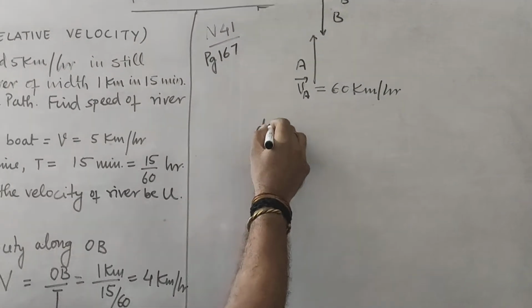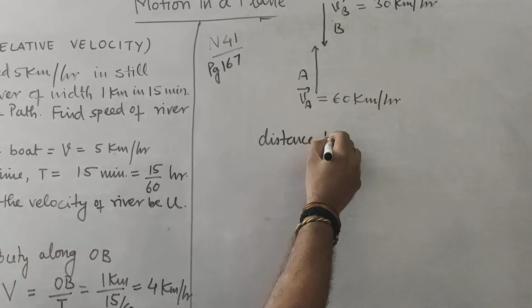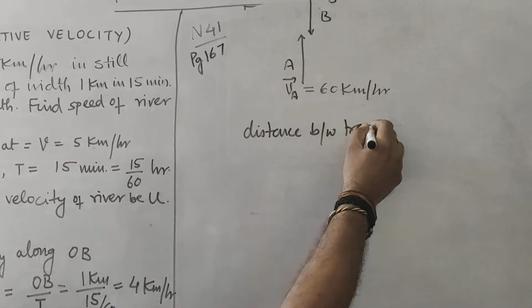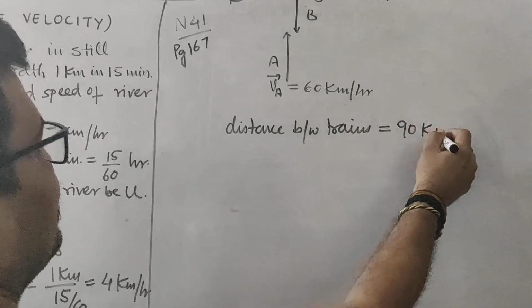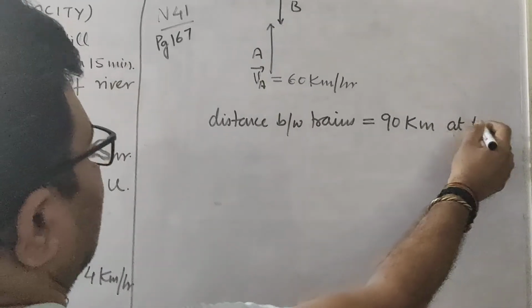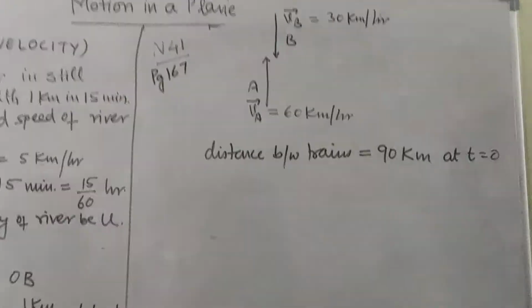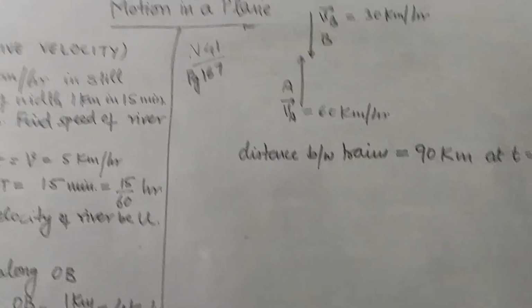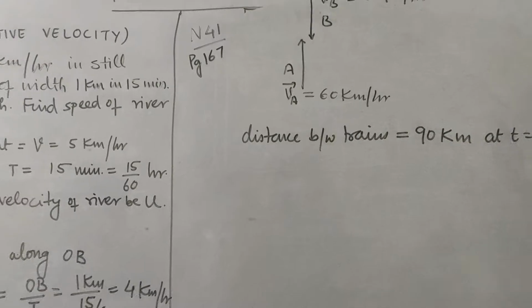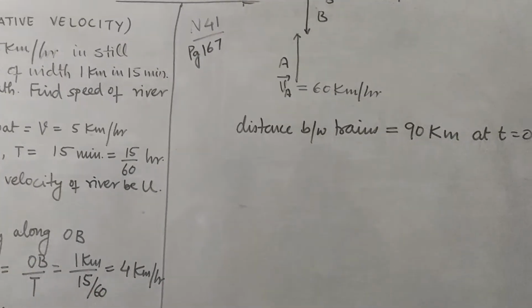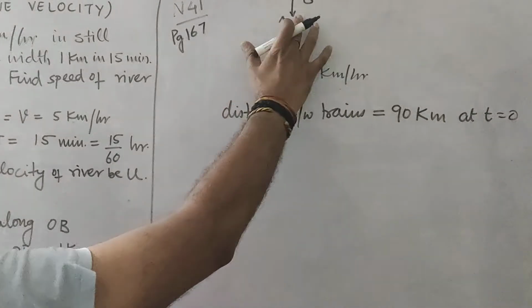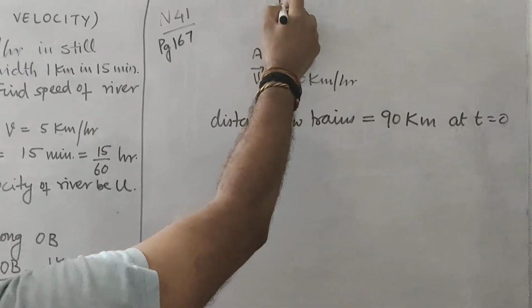The distance between trains is 90 km at t equals 0 and both are moving in opposite directions. The question is, after how much time will they collide?